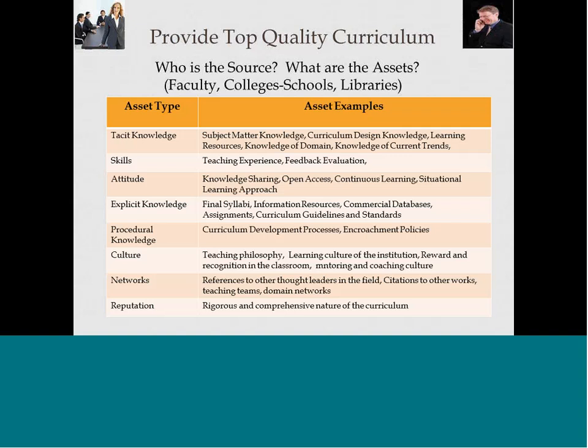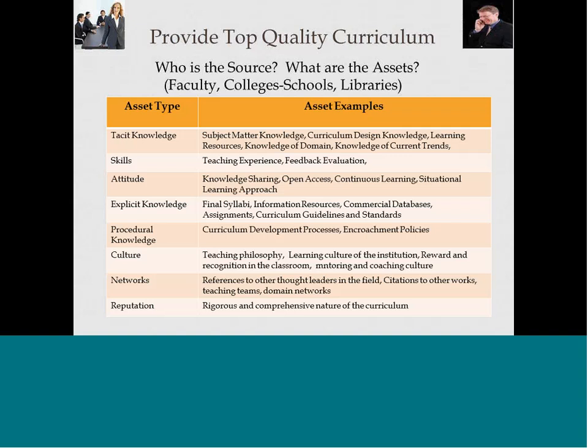Procedural knowledge for this subcapability would primarily be curriculum development processes, issues of encroachment policies at universities. Culture: teaching philosophy, learning culture of the institution, reward and recognition systems in the classroom, mentoring and coaching culture.